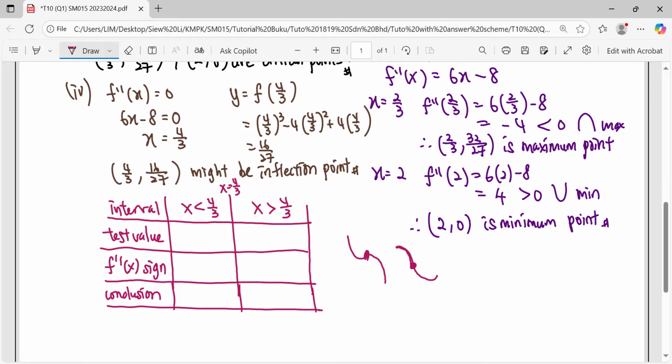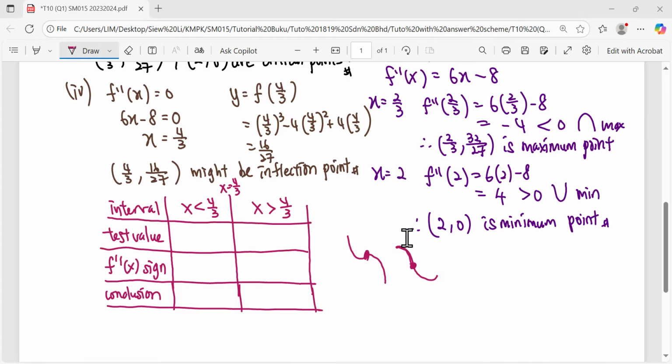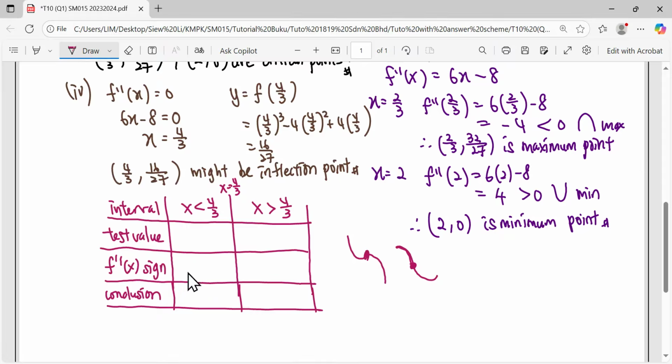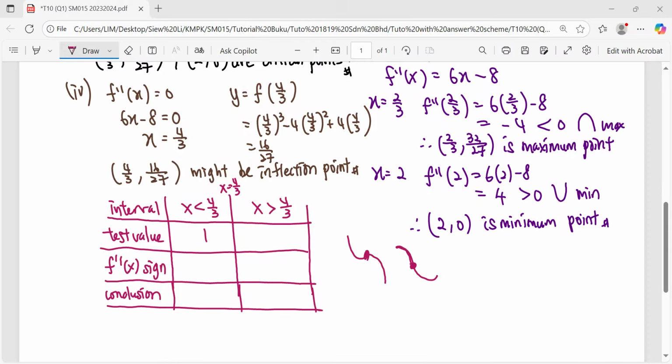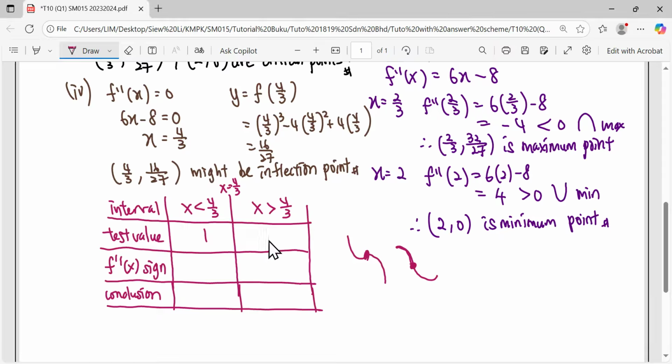Alright, so we find a test value less than 4 over 3. We can put 1. And more than 4 over 3, I can put 1.5. When I substitute 1 into the second derivative, 6 minus 8, I know this is negative. Negative in the second derivative means that this is concave downward. And when I put 1.5 into the second derivative, I get positive.